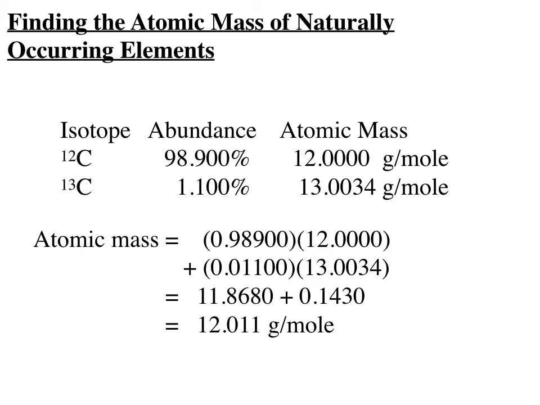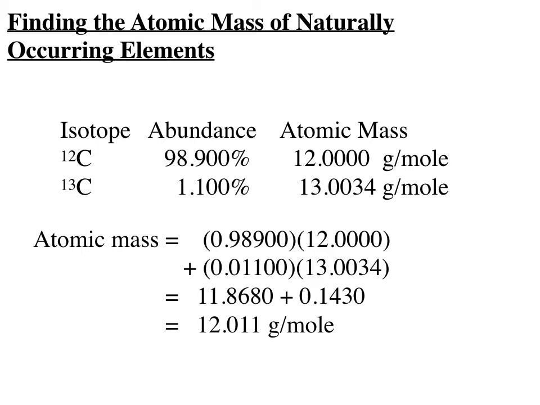So essentially, if 98.9% of the isotopes are of mass exactly 12, that means when you scoop up in the ground, 98,900 of them will weigh 12.